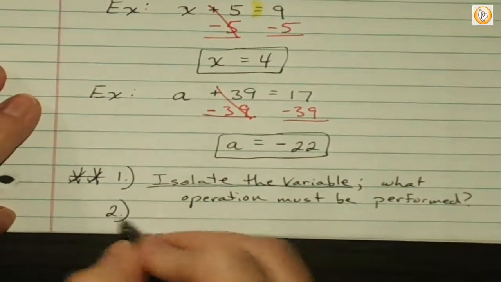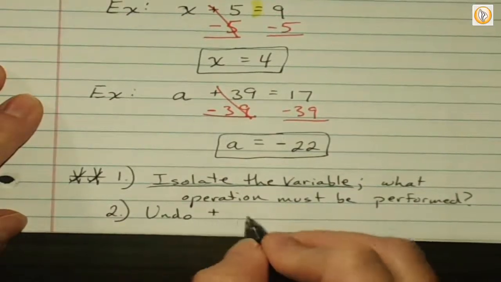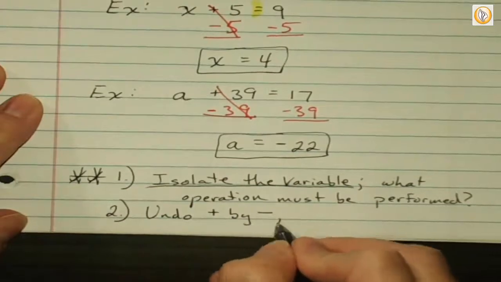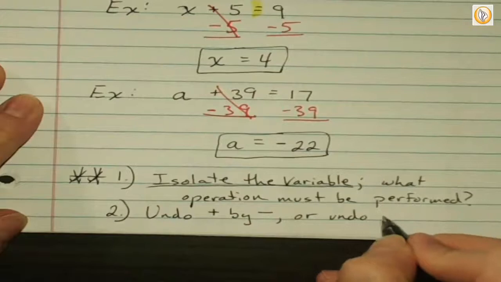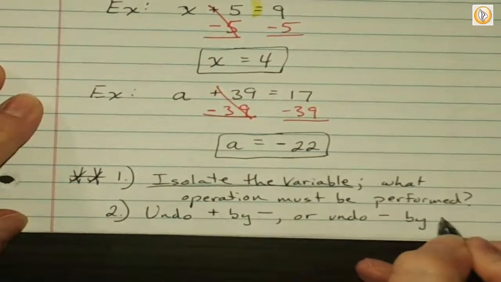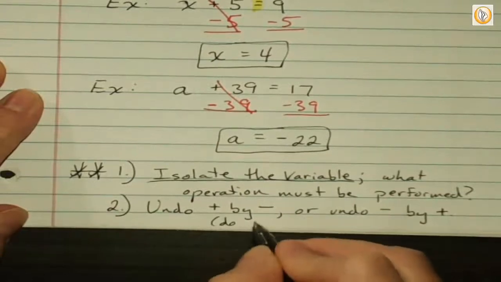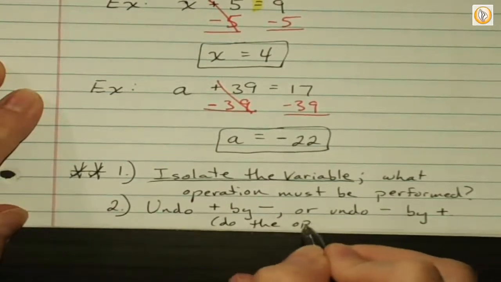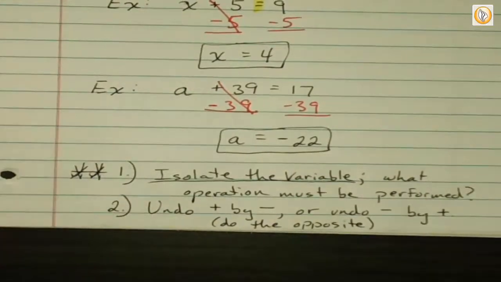And then 2, you undo adding by subtracting or undo subtracting by adding. What does that mean? Do the opposite. I'm just rewriting what we've already talked about.